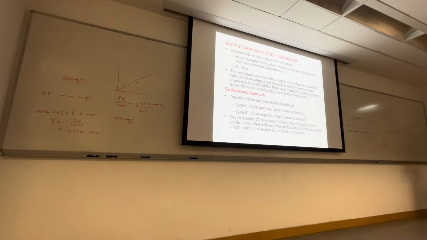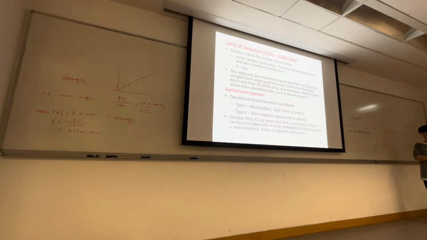So again, when you understand the normal distribution, we say that this is 3 times the standard deviation. If this is multiple determination, when it is 3 standard deviations, that means 99.7%. Out of 1,000 measurements, 997 will fall within this range.